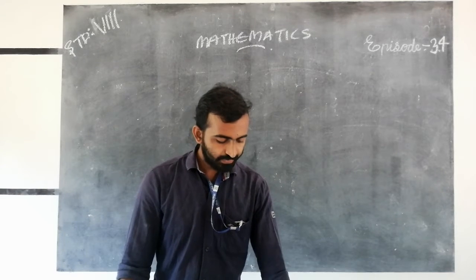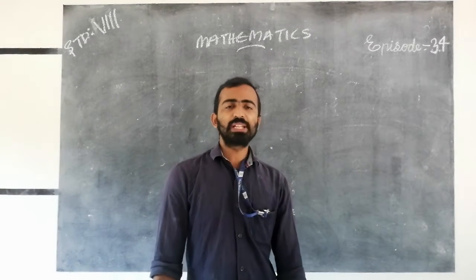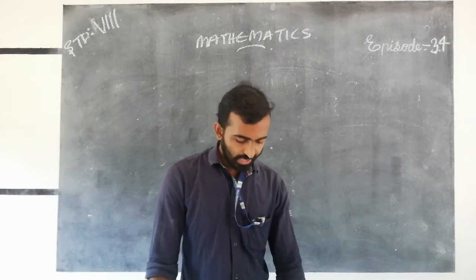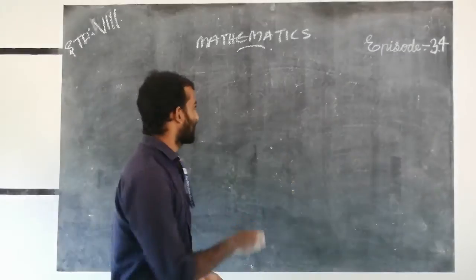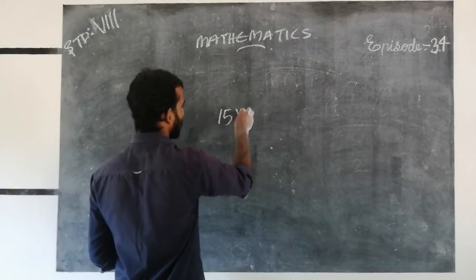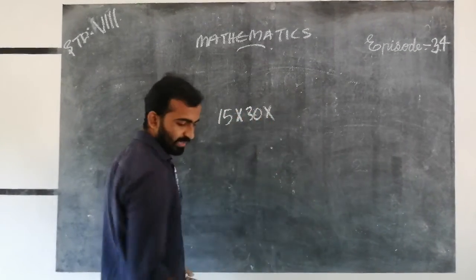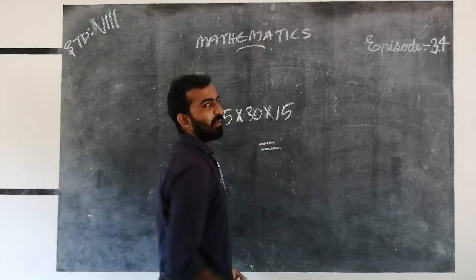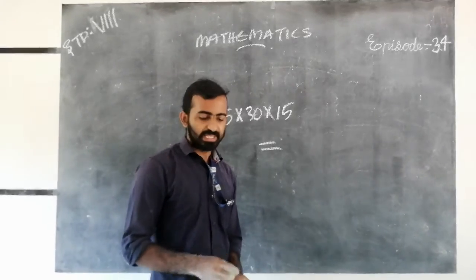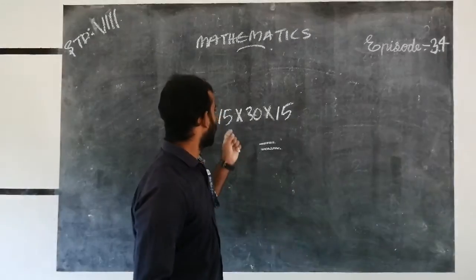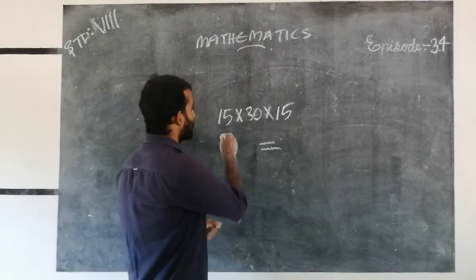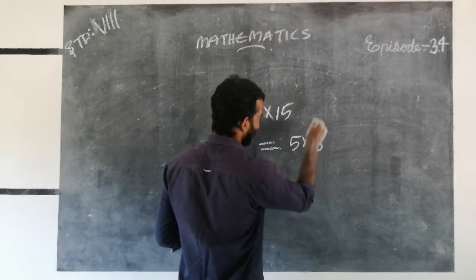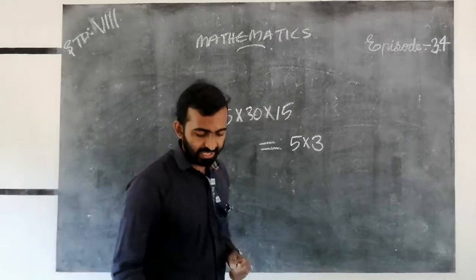Can you tell, what is Raju's cuboid volume? Volume is length into breadth into height. So we can write it as 15 into 30 into 15. What we get, that is, here we split the terms. That is, 15 means 5 into 3. Is it? Yes.